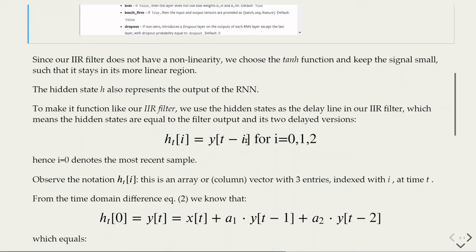And we have i going from 0 to 2, so we have values for i equals 0, 1, and 2. Observe the notation h_t(i), and this is an array or a column vector with 3 entries indexed with i at time t.